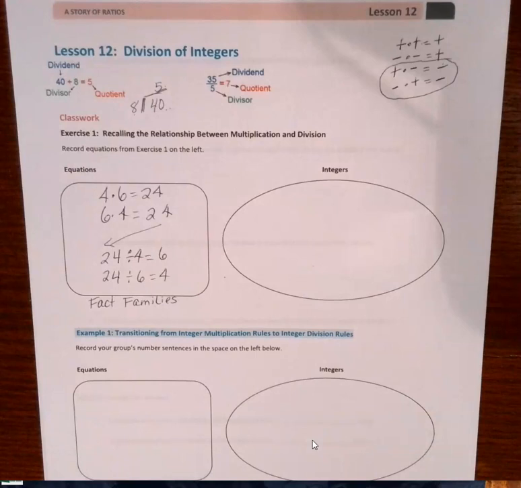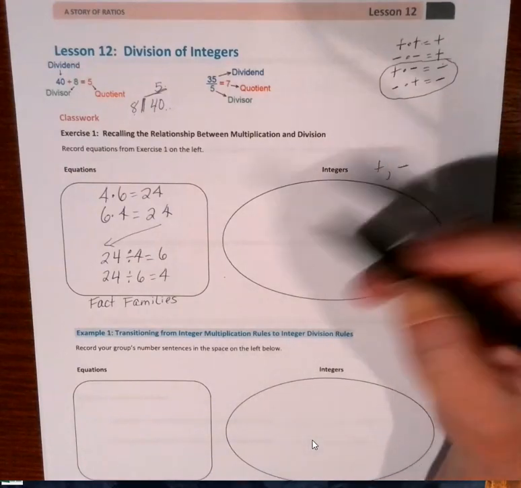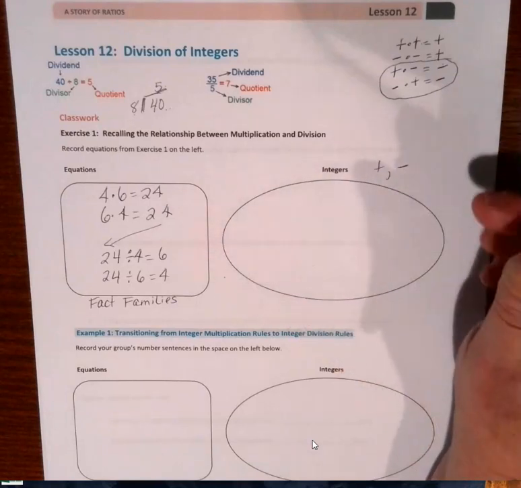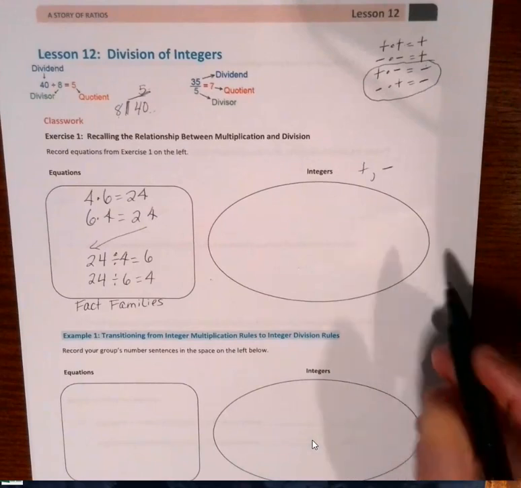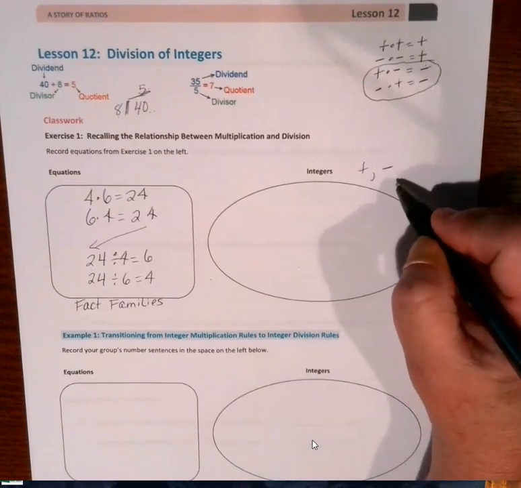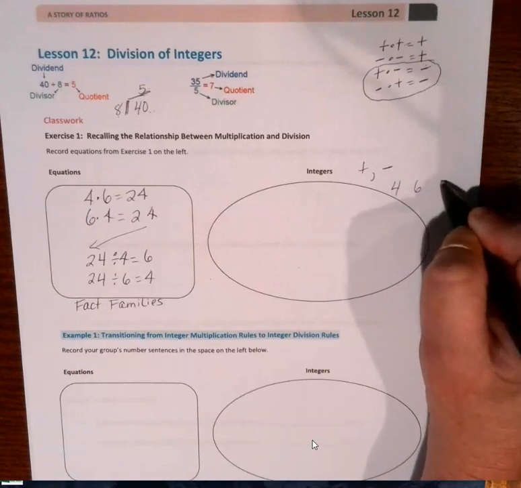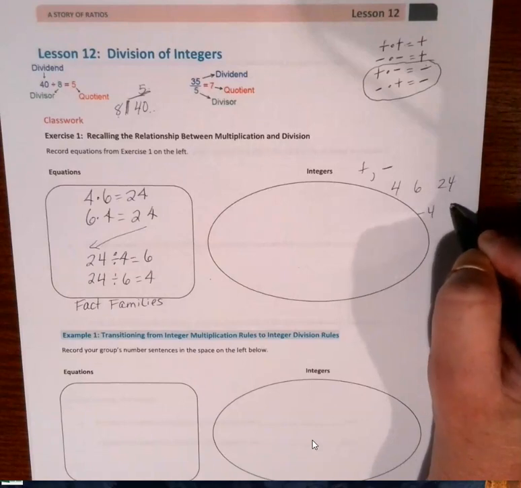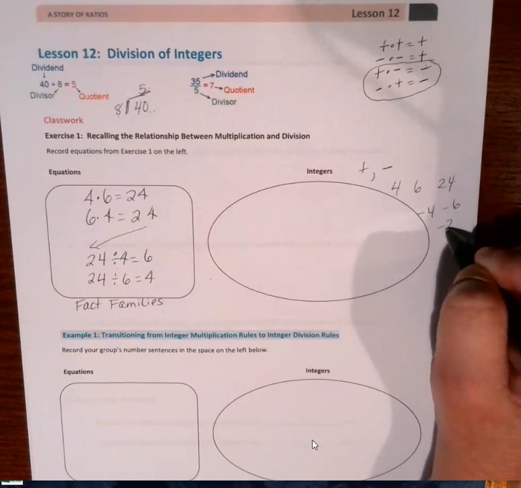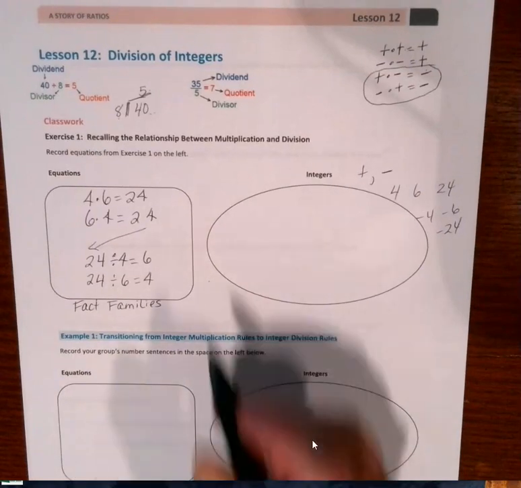Now we're going to take that information and we're going to use positive and negatives of those. So we're going to use those whole numbers and also use their inverses or their negatives. And we're going to make as many different multiplication problems as we can. So we're going to use the numbers 4, 6, 24, negative 4, negative 6, and negative 24, and come up with as much as we can.